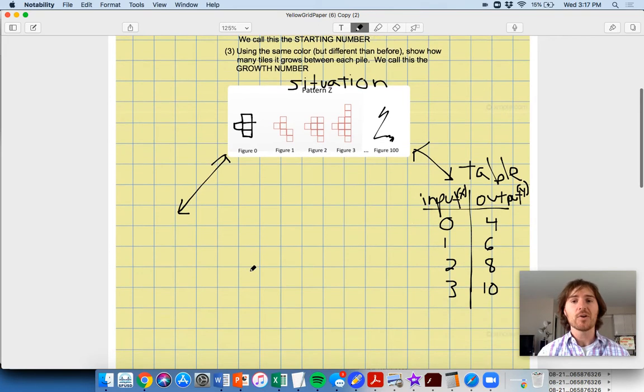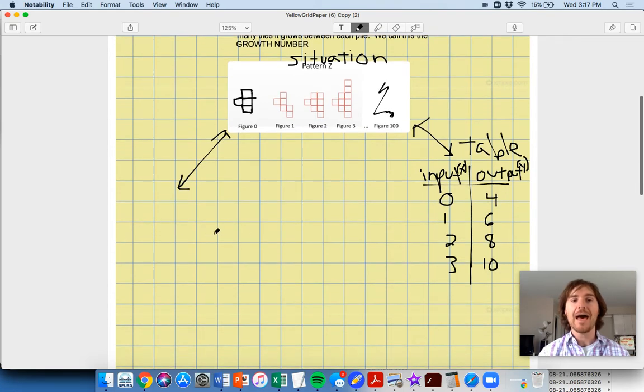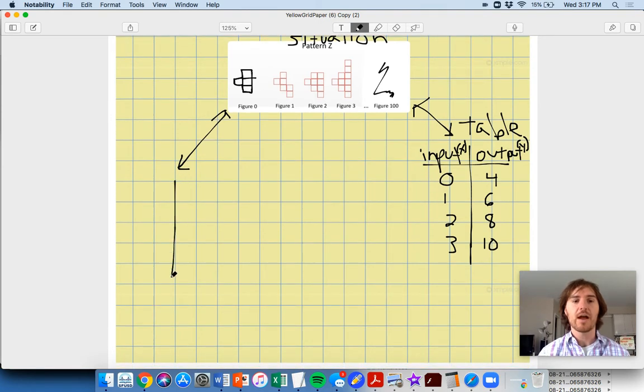So again, I wish I reviewed this in class, but a graph, we could write it a couple ways here. I might do the graph like this. See, this is really reviewing stuff from last year that you may have forgotten entirely. But I'm going to do a graph like this, where we have an x-axis and we have a y-axis. So here we have our x.